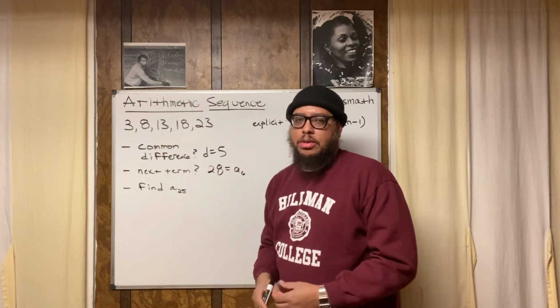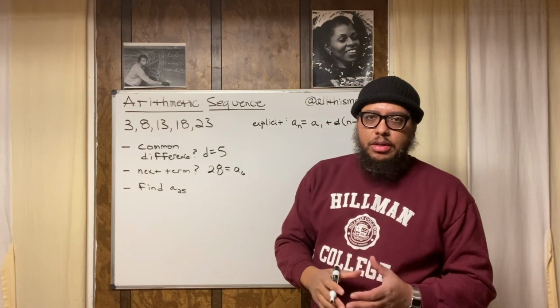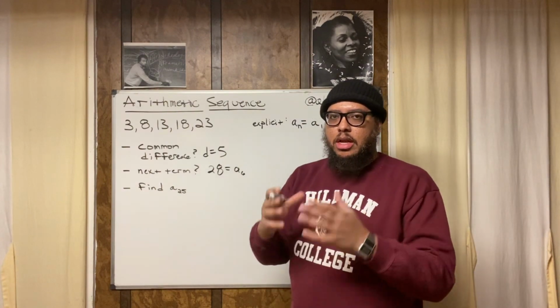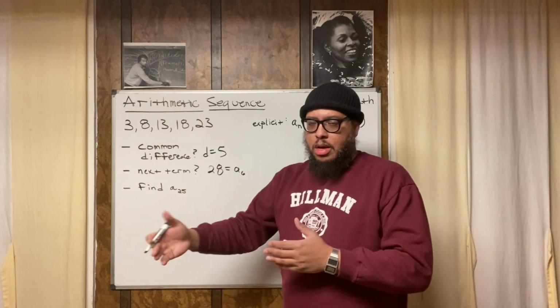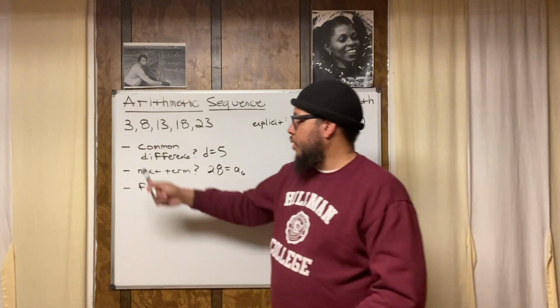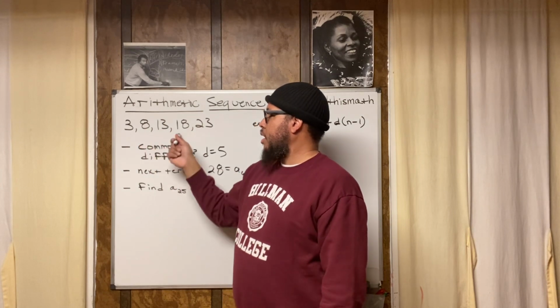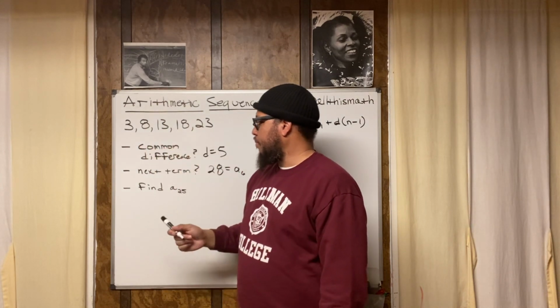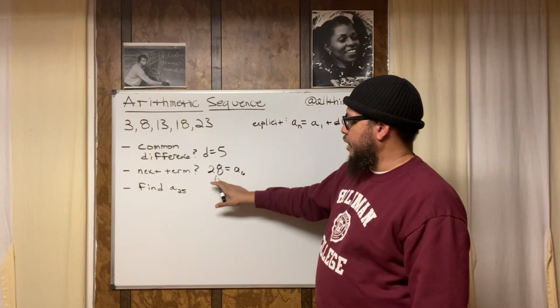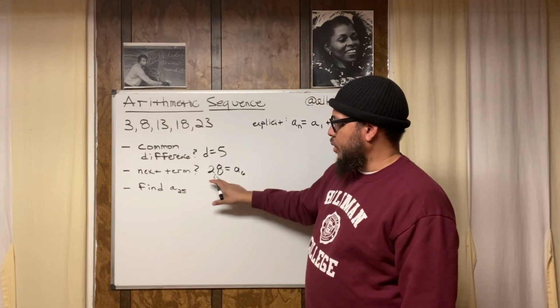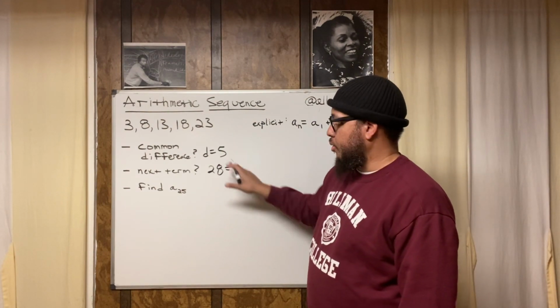This subscript number tells you what order, what place the number holds in the order. What place does it hold in the order? This is in first place, second place, third place, fourth place, fifth place. All right. So that's why this would be a sub 6, because 28 would be the 6th number in the sequence.